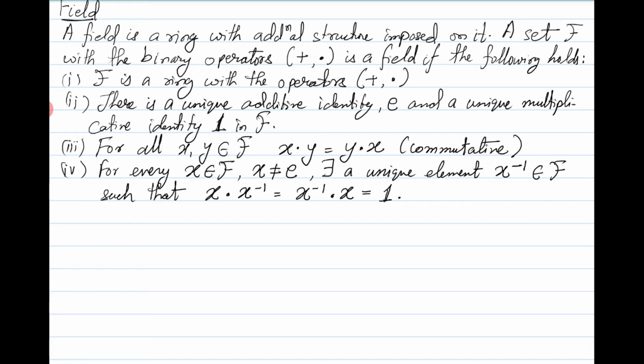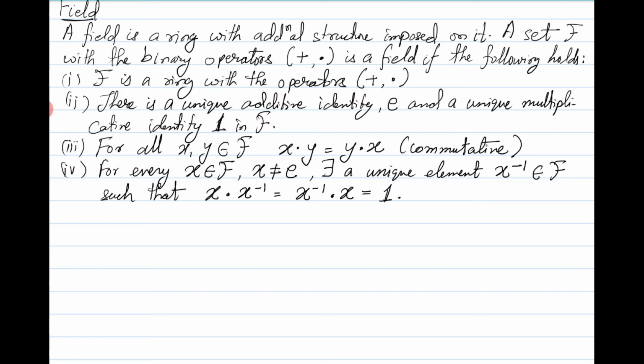And in addition to these, the multiplication operation as well has to be commutative, which is part of a ring being a commutative ring. And on top of it, similar to the existence of an inverse for the addition operation, there has to be a unique inverse of every element in the set F, except for the additive identity.